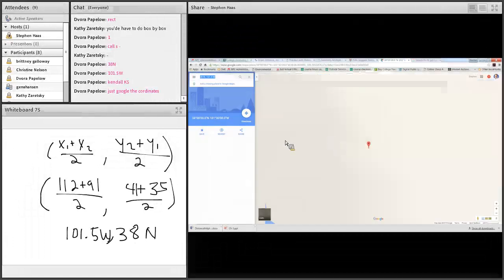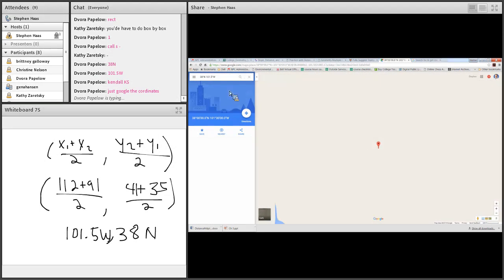So this, we didn't have any minutes, so we'll just say, okay, let's use the degree signal. What was it? 101.5 west. And what was our north? How many degrees north? 38 degrees north. Okay. Why is my thing not working? 38 degrees north, 101.5 degrees west.